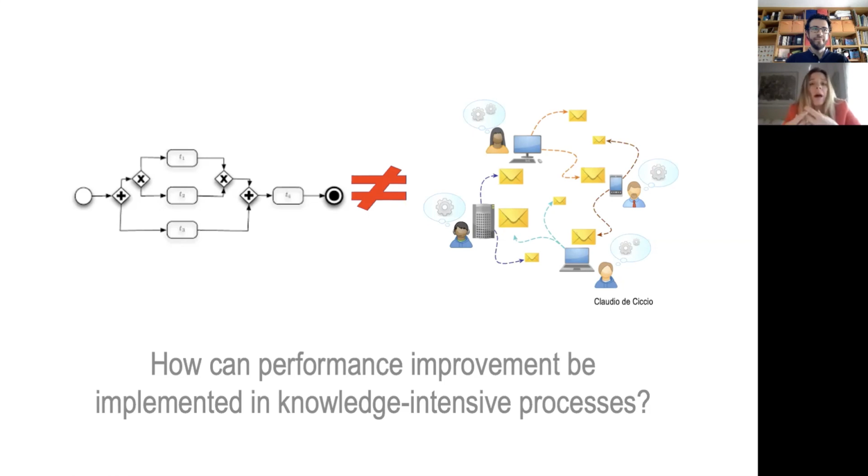But what happens then with knowledge-intensive processes where knowledge workers perform their activities in knowledge-intensive and decision-making tasks in an interrelated way? How can performance improvement be implemented in knowledge-intensive processes?